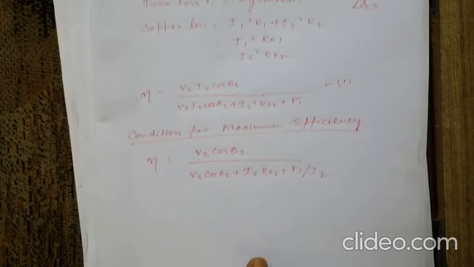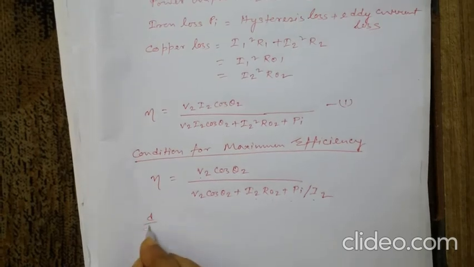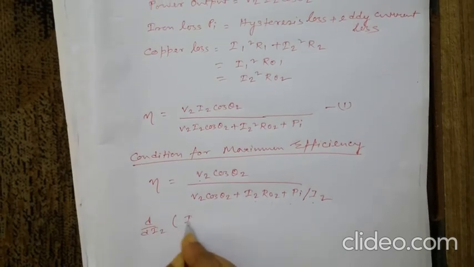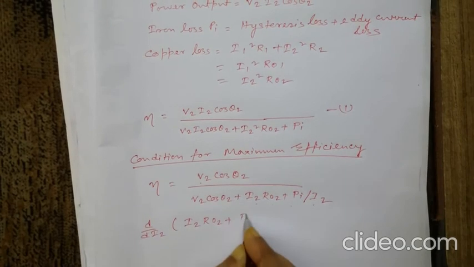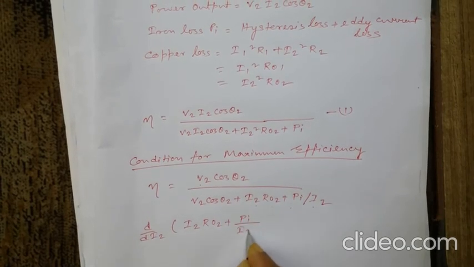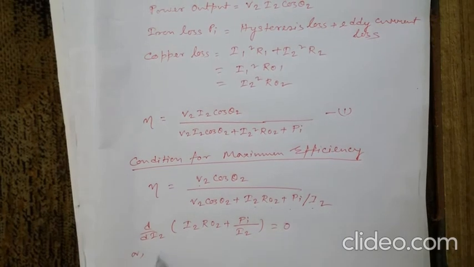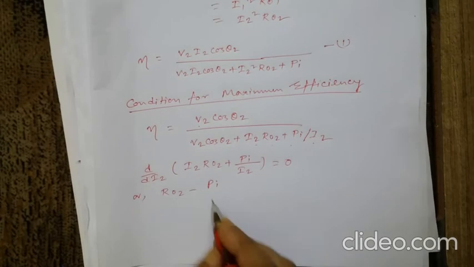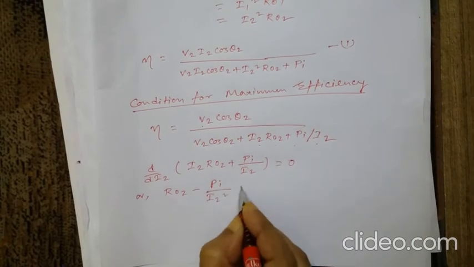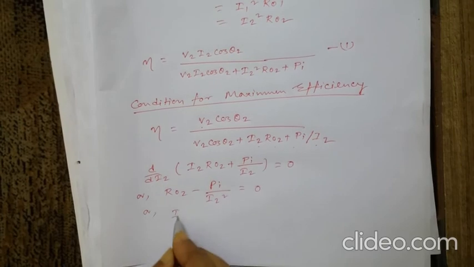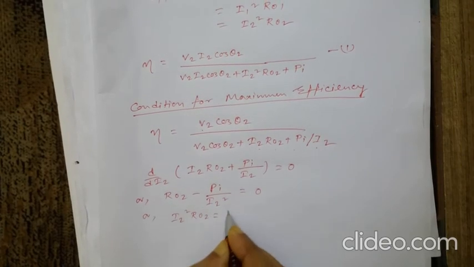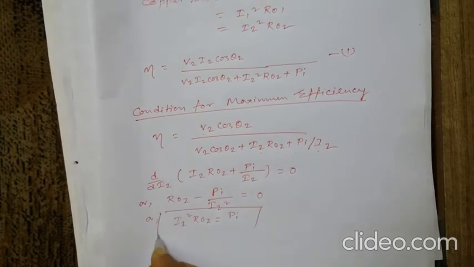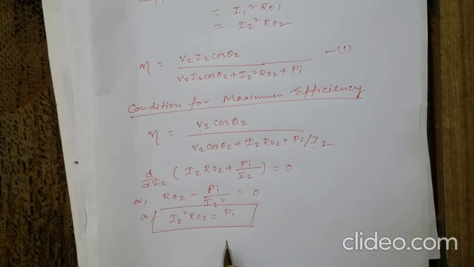So we can write d by dI2 of I2 R02 plus Pi by I2 equal to 0, or R02 minus Pi by I2 square is equal to 0, or I2 square R02 equal to Pi. This is the condition for the maximum efficiency: when the iron loss is equal to copper loss.